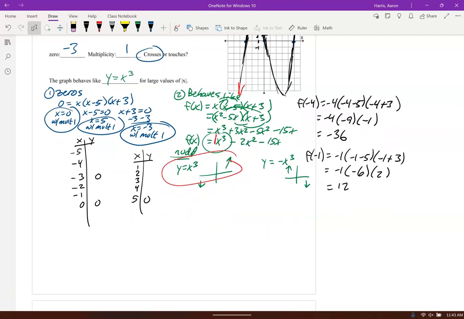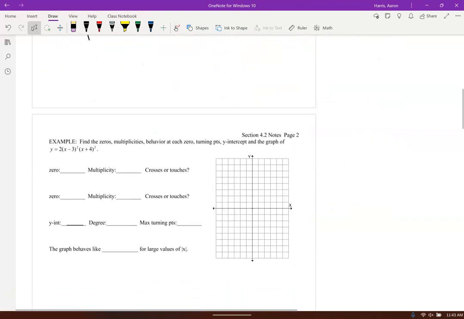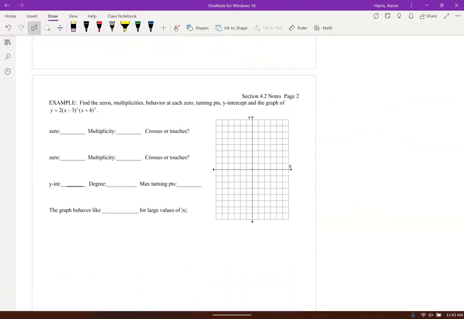Let's go to the next one now. Start with our zeros again. So notice we have two of these x minus 3's, right?